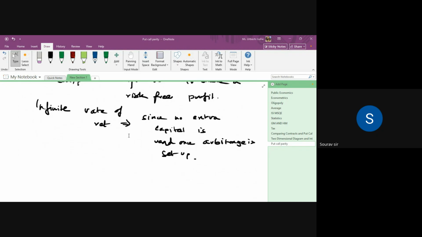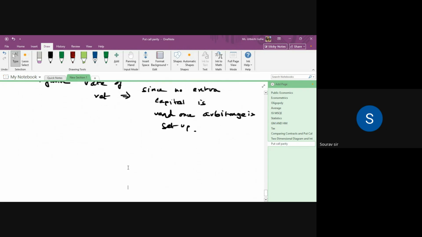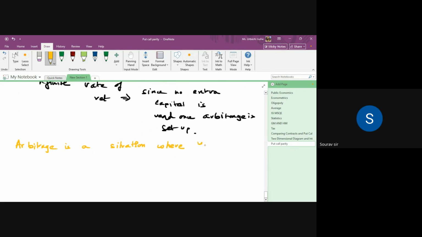Now, arbitrage is a situation where you can generate positive cash flow without risk.